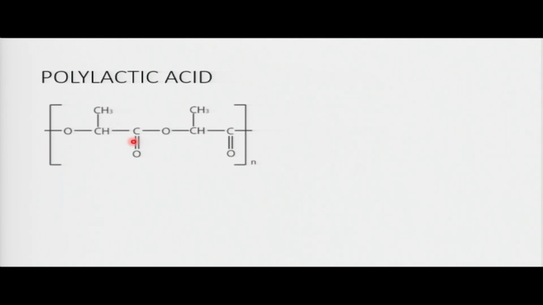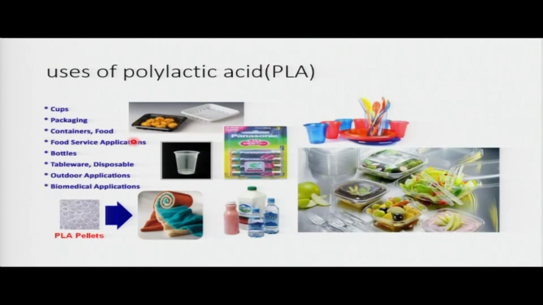So let's continue. We are also going to give the uses of polylactic acid as an ester, or as a polyester. So polylactic acid can be used. The good thing about polylactic acid is that it is biodegradable. So it can be used in the making of some of these things here: disposable cups, which are biodegradable.